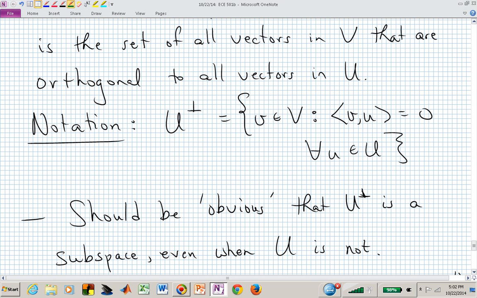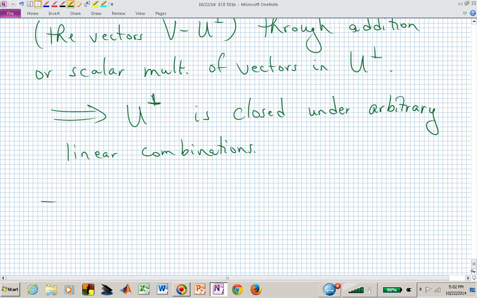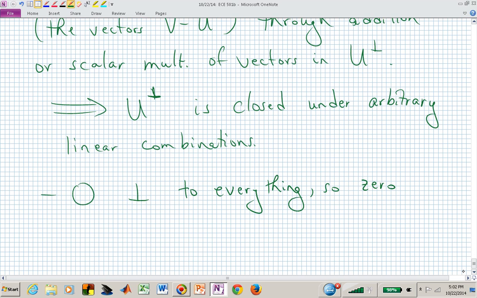Well, the 0 element is orthogonal to every vector U, so we know that the 0 vector in V belongs to U perp, or 0 is perpendicular to everything. So we do have the 0 element, the 0 element is in U perp.